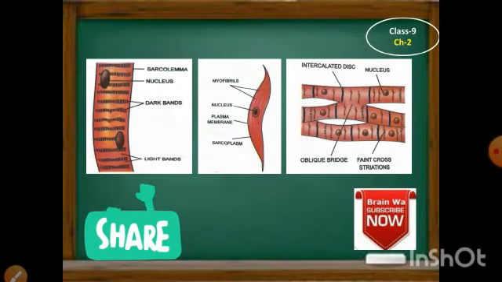The muscular tissue. We will discuss the striated muscular tissue, smooth muscular tissue, and cardiac muscular tissue.